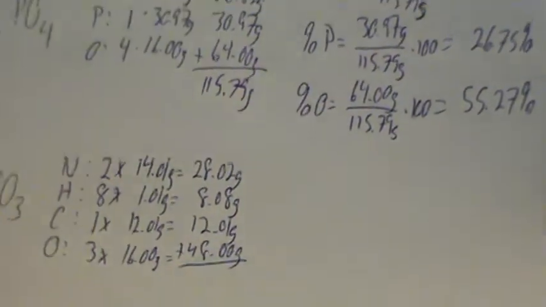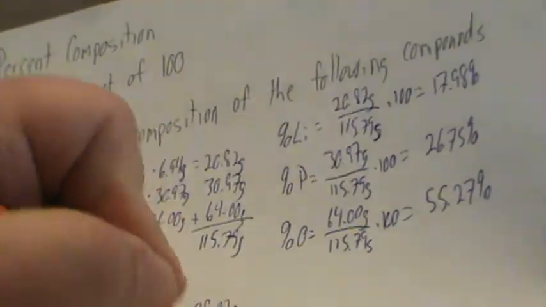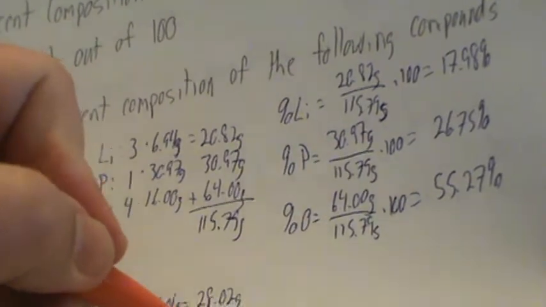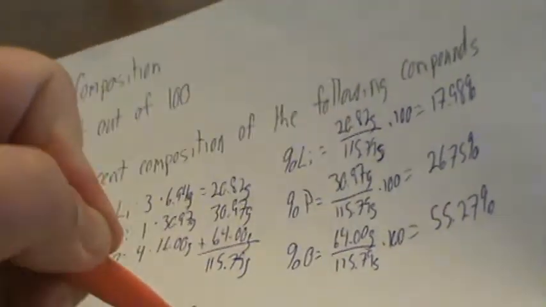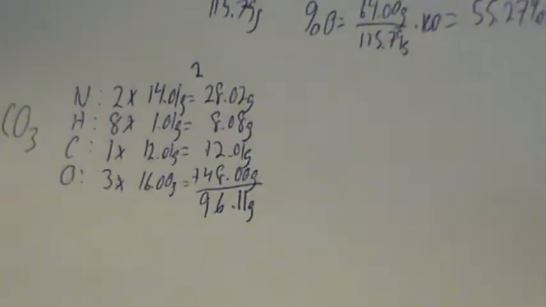So now we're going to add them up. So ammonium carbonate should have a mass of 96.11.